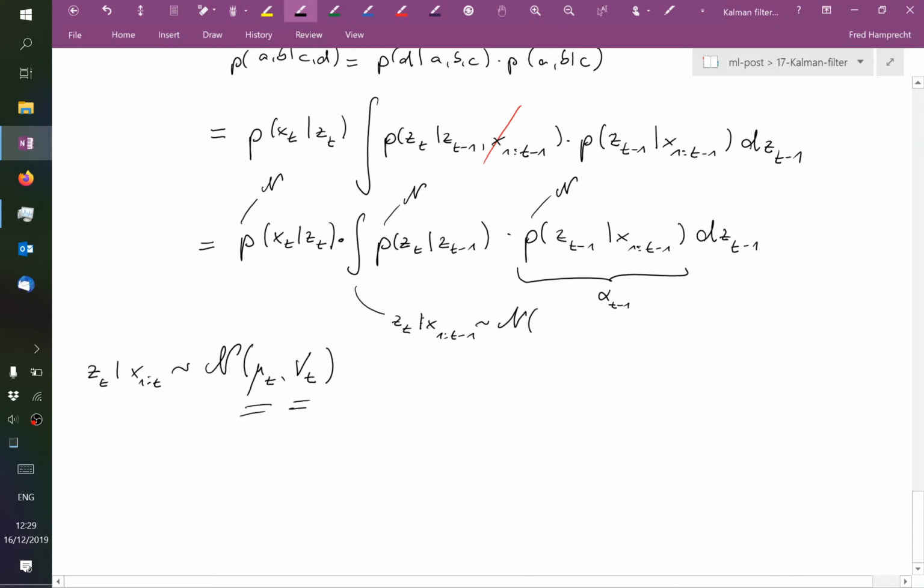And I'm going to call its parameters mt and pt here, and these are also unknown. So I'm putting here in red all of the things which are unknown at this point.